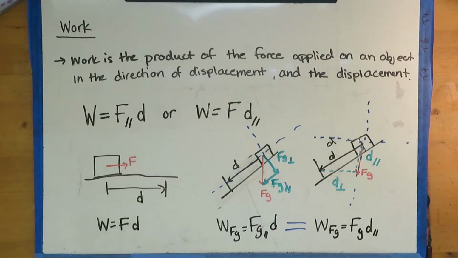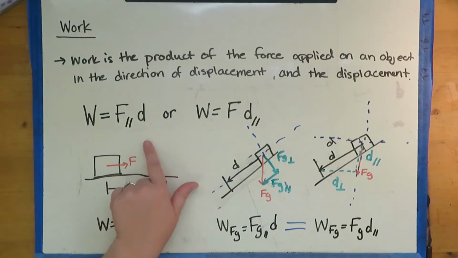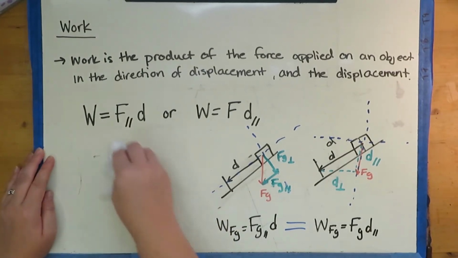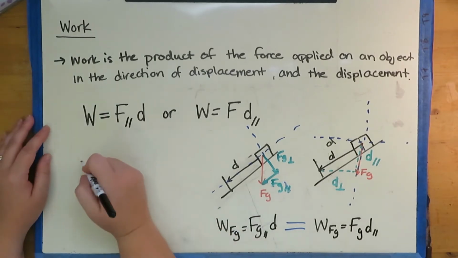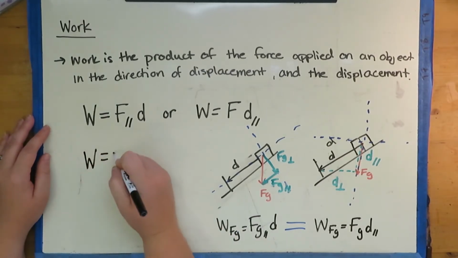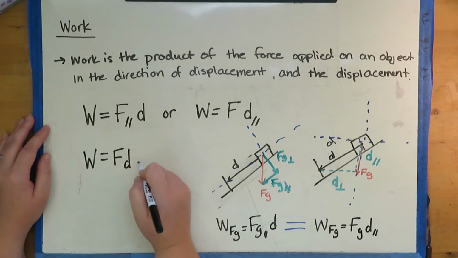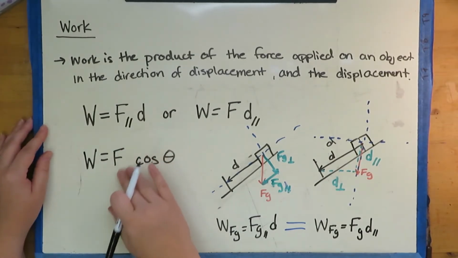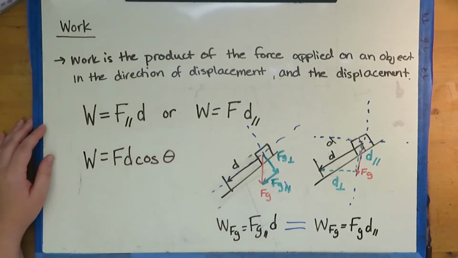The reason that this works is basically based on trig. If you do F parallel D or F D parallel, this works because of the trig relationships. Now on your AP formula sheet, they have an additional definition where they say work is equal to F D cosine theta.